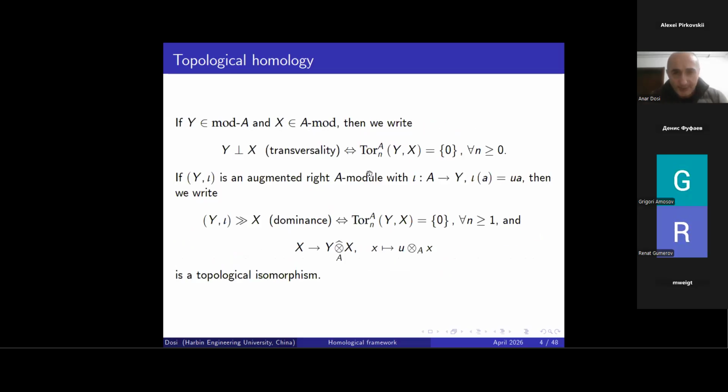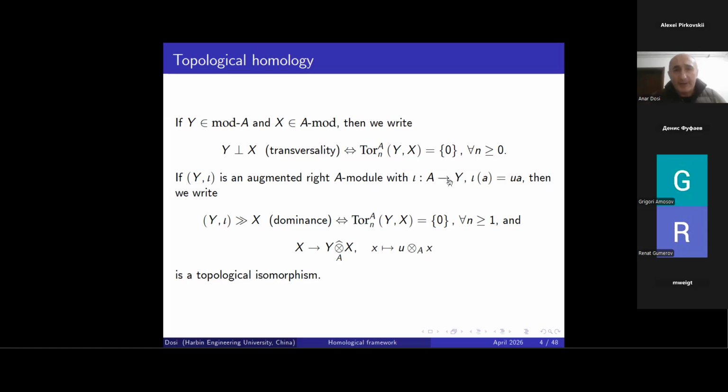Well, the two key notions of Taylor. The first one is transversality. So Y is transversal to X if, by definition, all the homology groups vanish for all n greater than or equal to 0.